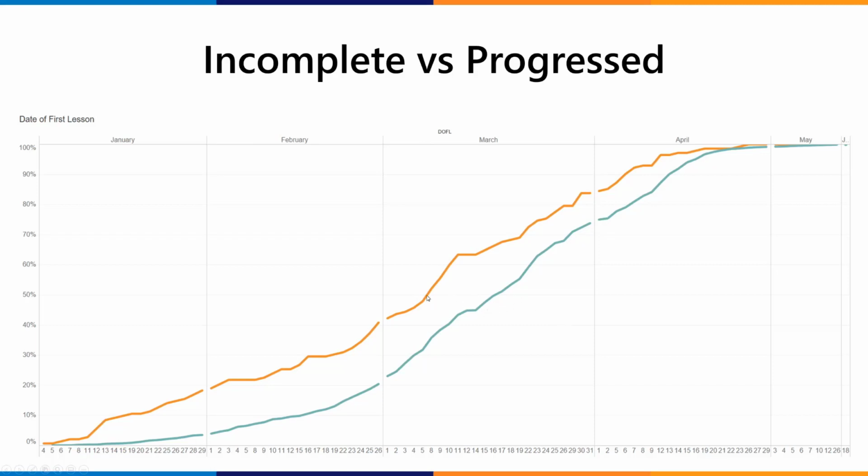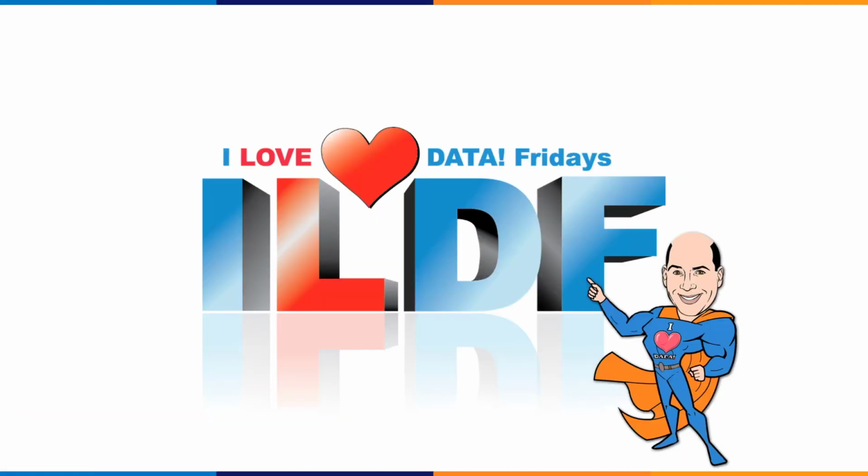So you can see that by about March the 6th, 50% of our progressed kids had started their lessons, whereas it took until about March 16th or so for 50% of our incomplete kids to start their lessons. So there seemed to be a lag. But there are certainly incomplete kids who started back around when our progressed kids started.